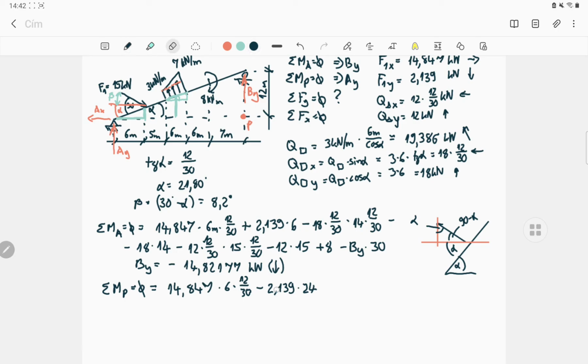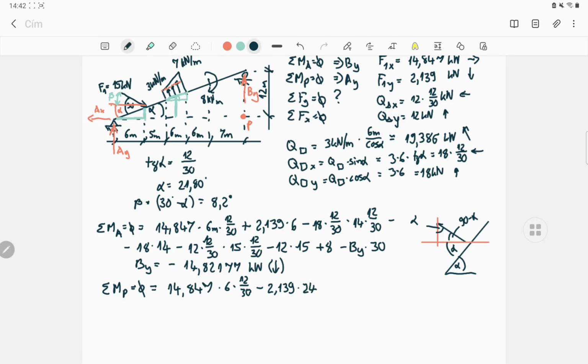So the Y component, as you see, changed the sign. In the MA moment it was positive, now I have to write negative. Same force, and the distance is changed, but if you add them, 6 and 24 give you the full distance. Because of course if you have a point, from the A point or from the P point, if you add the two distances, that will be the full distance. Now it's 30 as you see. So if it was 6, now I have to write 24.